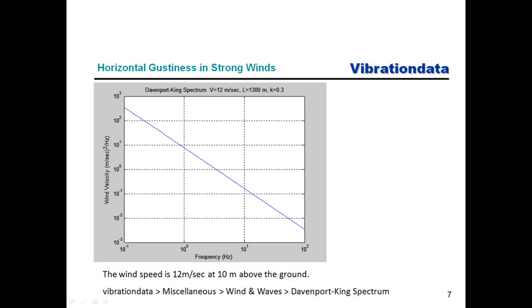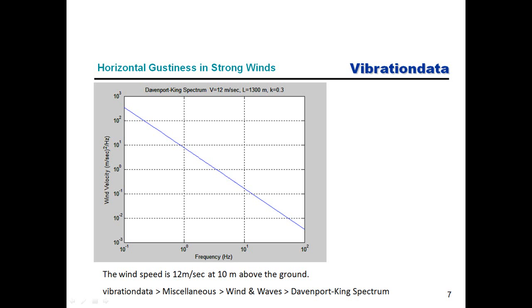So there's two things we have to look at, the oncoming turbulence and also the vortex shedding. And this Davenport-King spectrum would be appropriate for taking a look at the oncoming turbulence effect.